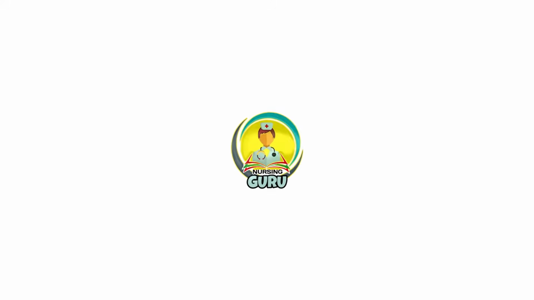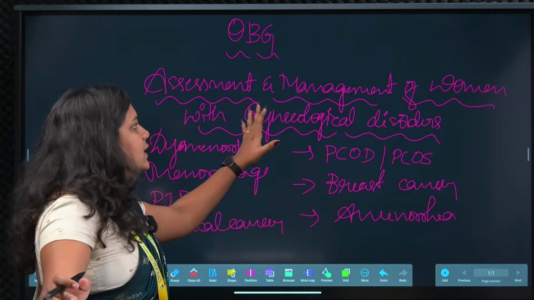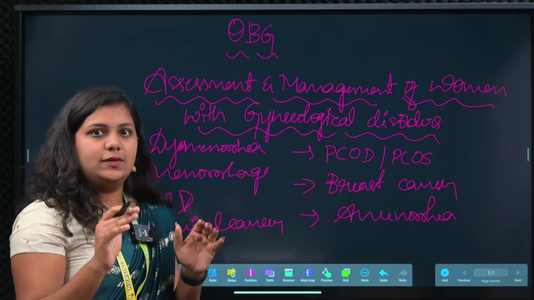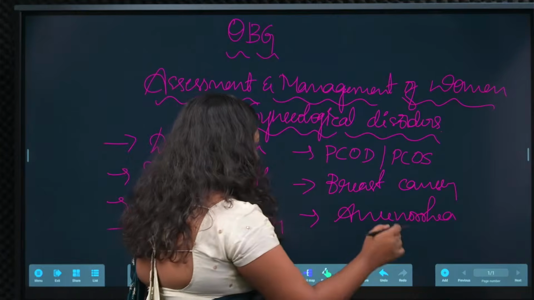So these are the most common gynecological disorders which we can see in women. Before going to explain these, let me start with the assessment and management of a woman with a gynecological disorder. So the first thing, we will be starting with the assessment.